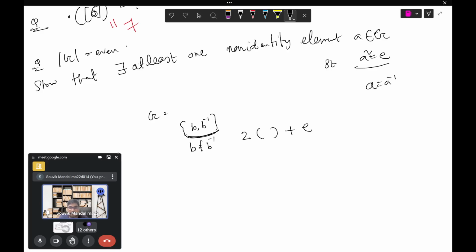Assuming that there is no element equal to its inverse, this is some odd number, so that's why we must have one element which is equal to its inverse. So that's the argument. Does everyone understand the argument?